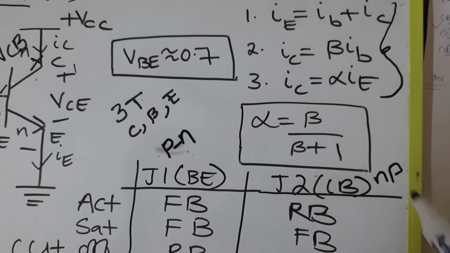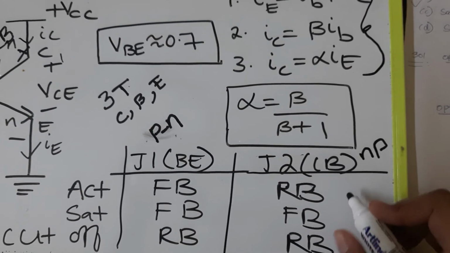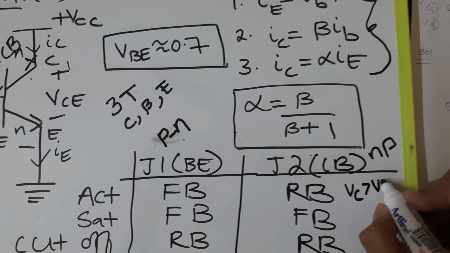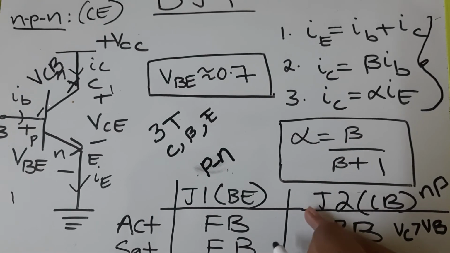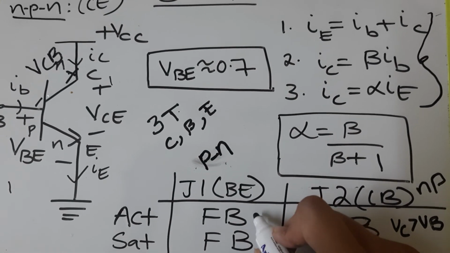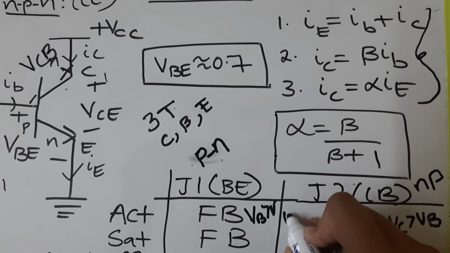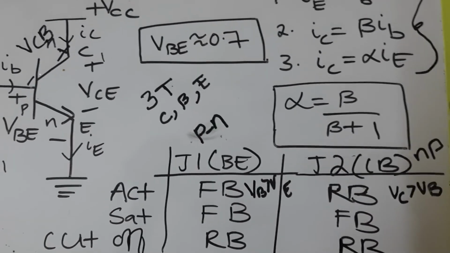So if VC is greater than VB, it is in reverse bias. I'll write it down here, VC greater than VB. And here, VB greater than VE. I hope this is clear.